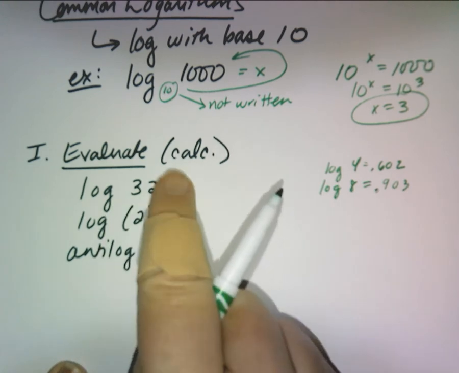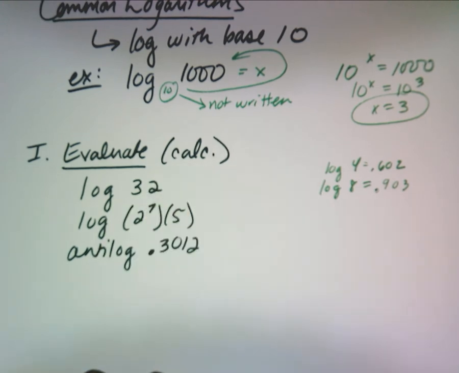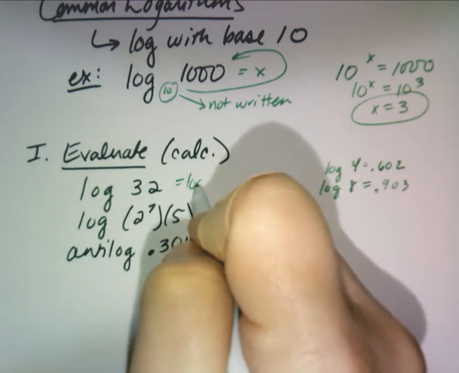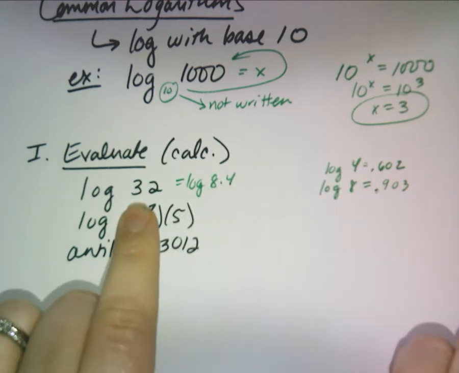Do you know how to figure out log 32 then? Add them. Why? You are correct. Because of the properties before. 8 times 4 is 32. Exactly. Log of 8 times 4 is 32.